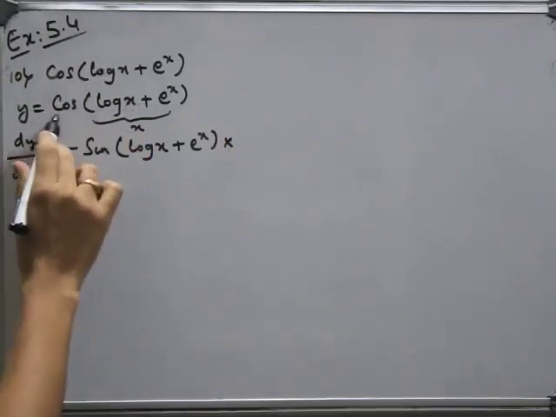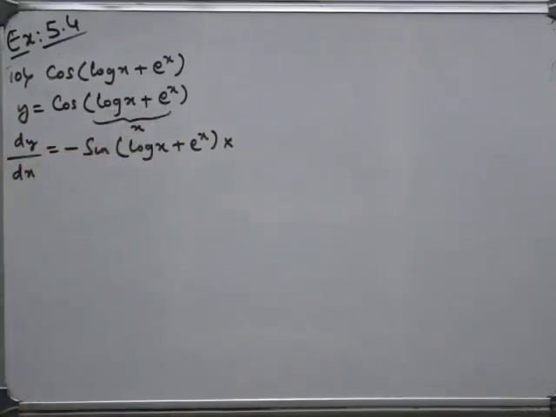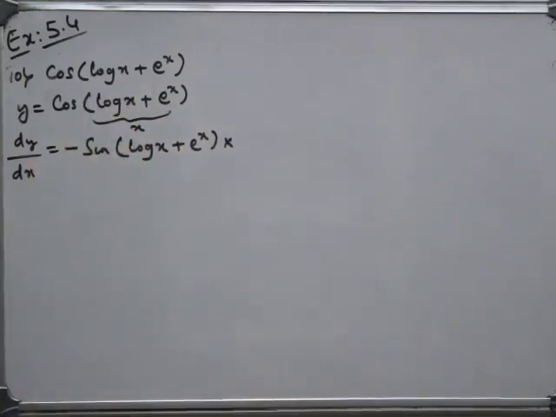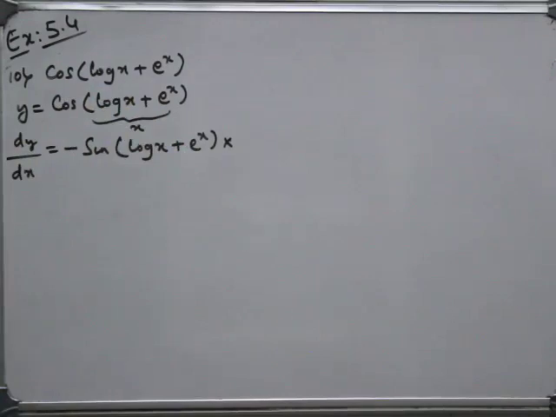You have already differentiated the cos function. Now differentiate log x and e to the power of x. This is of the form u plus v. The basic rule of differentiation: if y is equal to u plus v, dy by dx equals du by dx plus dv by dx. You know differentiation of log x and of e power x.